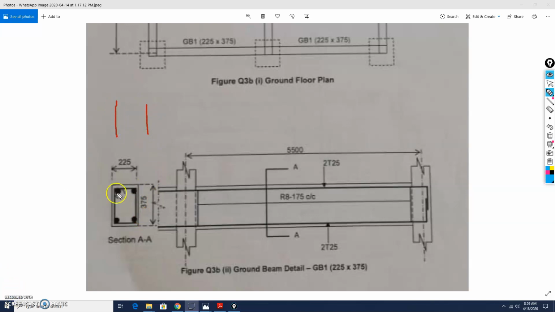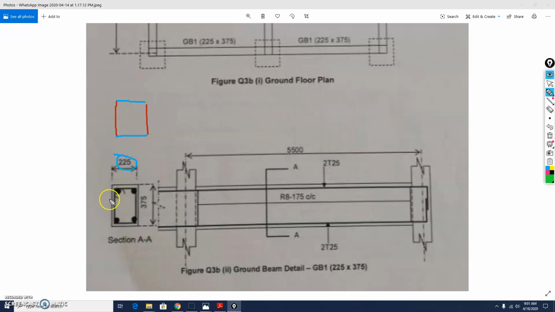When you multiply with 2, you will get this side and another side. Next, we are going to determine the length of this side. It will be 225 minus 2 covers. And then you need to multiply with 2. So when you multiply with 2, you will get the length of this side plus this side. Now when you total up, you will get the total length for the 4 sides.